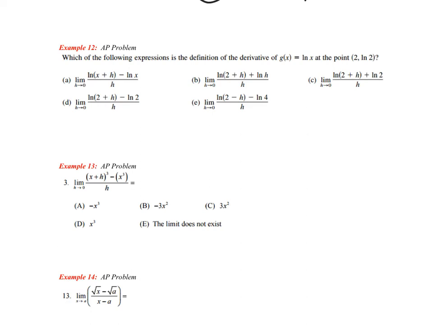Okay, so if I take the limit as h approaches 0 of f of x plus h minus f of x all over h, and f of x equals, or g of x in this case, let me rename it f of x so I don't commit a sin here, then this would be equal to the limit as h approaches 0 of ln of 2 plus h minus ln of 2 all over h, right?